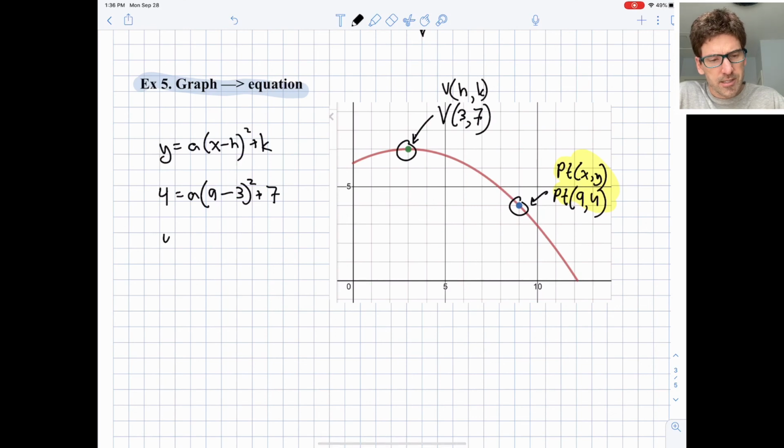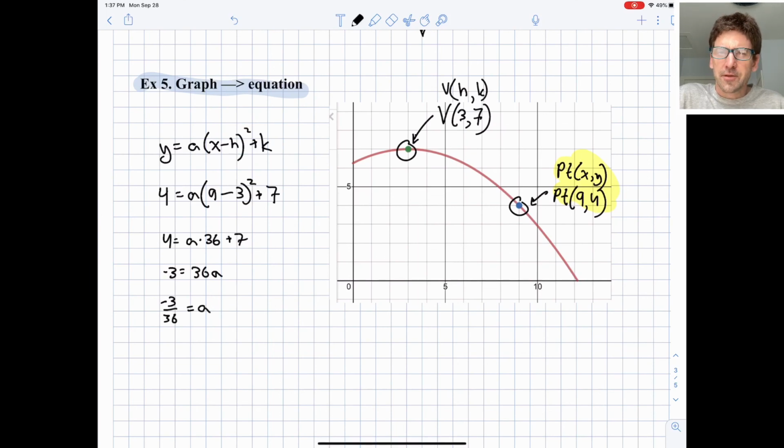So we're going to simplify. 9 minus 3 is 6, and then squared is 36. And then plus 7. We can subtract 7 from both sides. And then lastly, we can divide both sides by 36. And we'll get a fraction, and that's completely okay. We can simplify that fraction to get a negative 1/12.